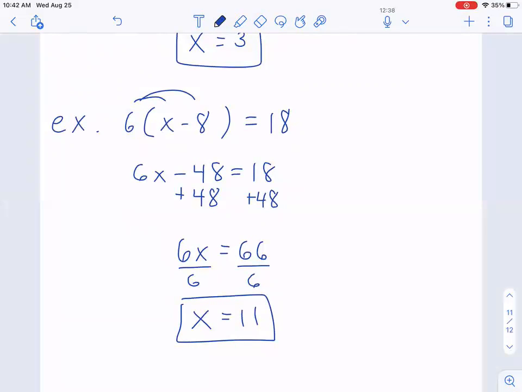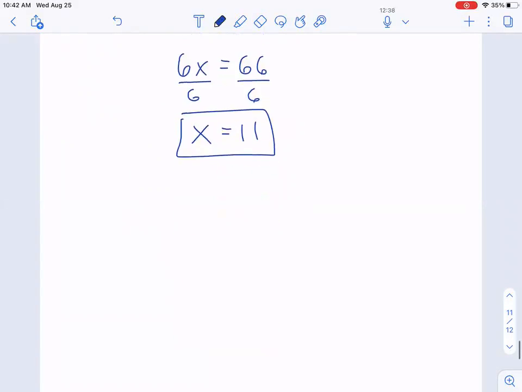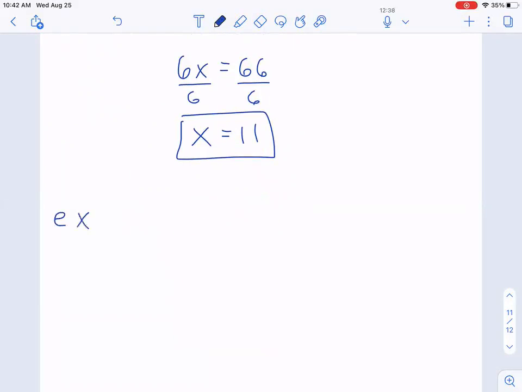And one more possible one, of kind of just a one-stepper. Let's say we had 4/3 A is equal to 16.